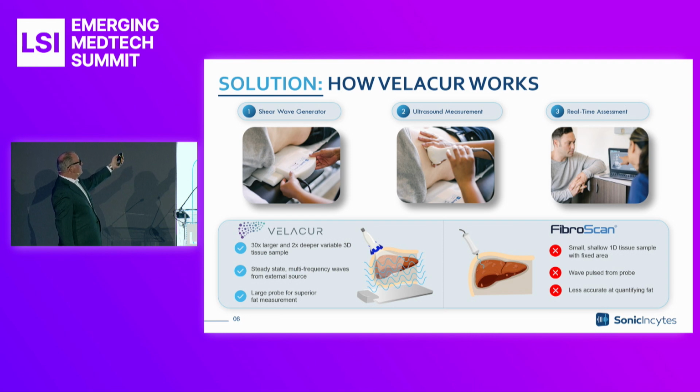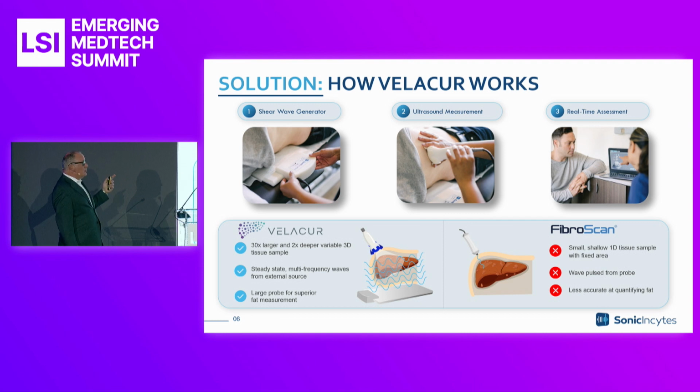The device is 3 parts. One, the patient lies on this shear wave generator that creates steady state multi-frequency waves going up through the body that are collected by the ultrasound probe, a traditional abdominal probe. The scanner places the probe in the rib space and goes through a controlled motion where they're collecting a large volume of data, dozens of 2D images that are then built into a 3D image, and then real-time assessment.